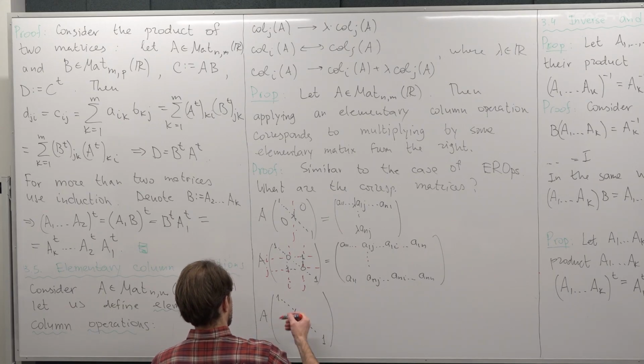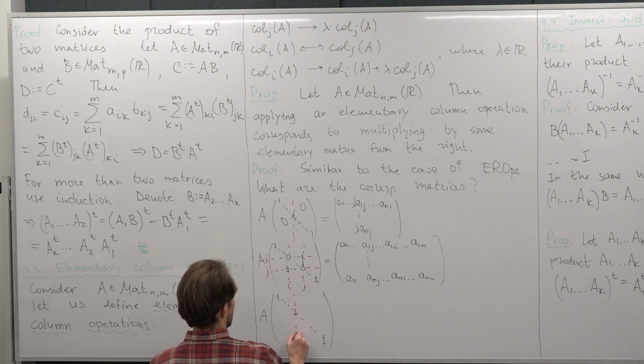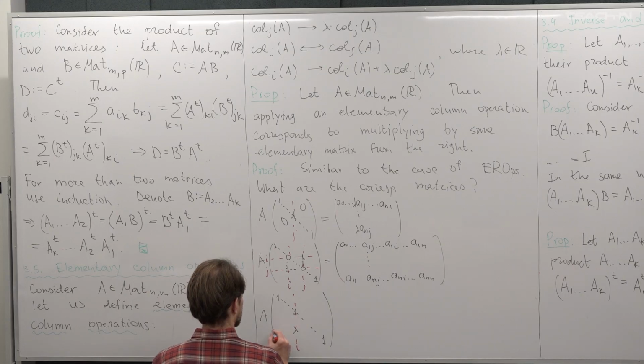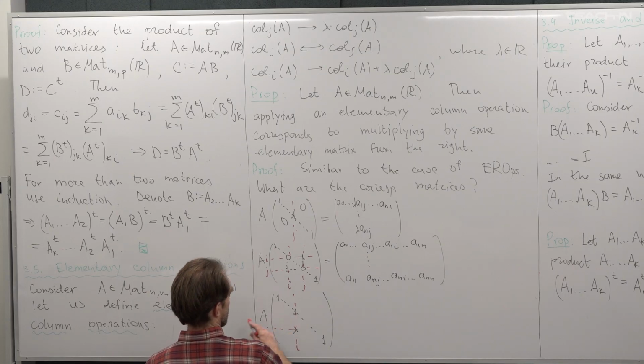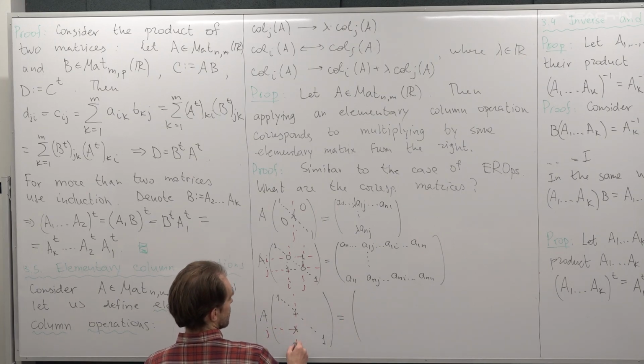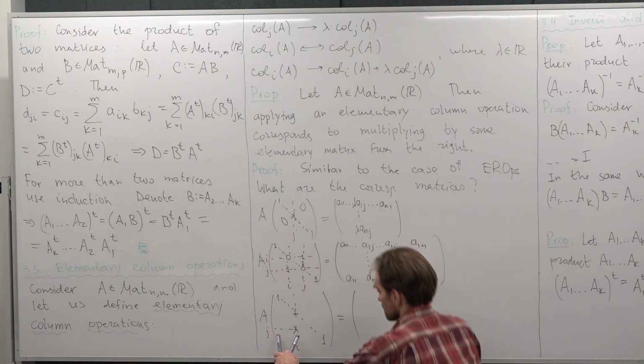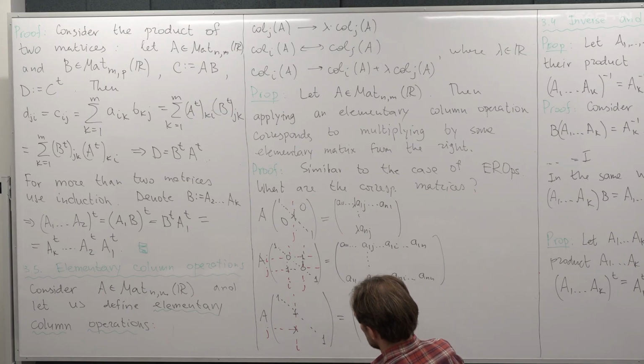So I'm going to consider the ith column, and I put lambda here on the jth position. When I multiply the initial matrix by such a matrix, the jth column multiplied by lambda is added to the ith column.